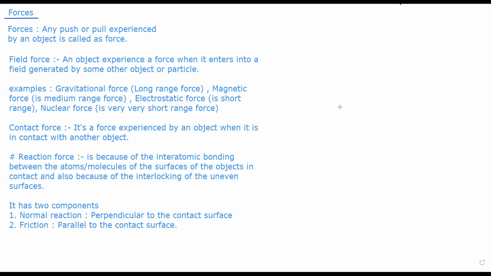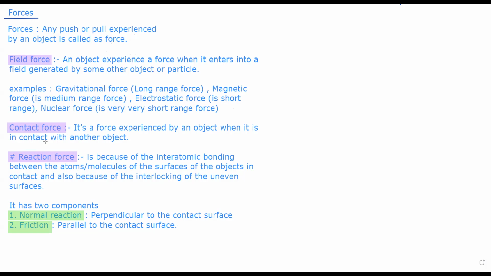तो field force, contact force and reaction force. ठीक है. Normal reaction and friction. So reaction force comes under contact force, right?